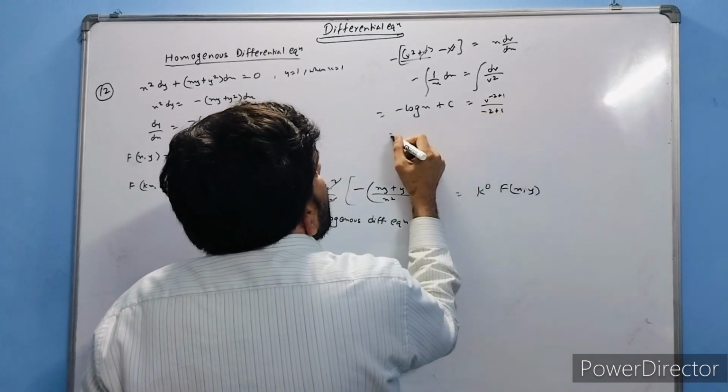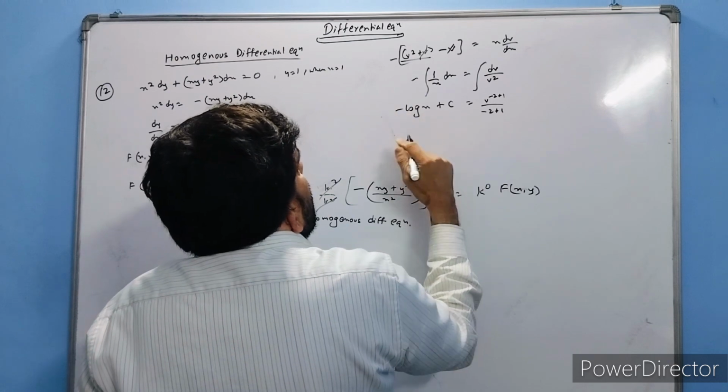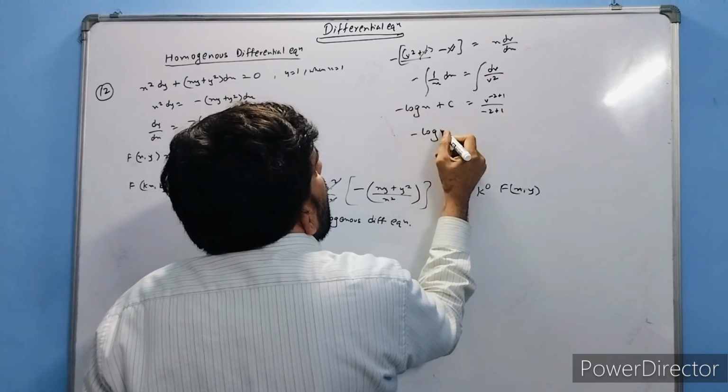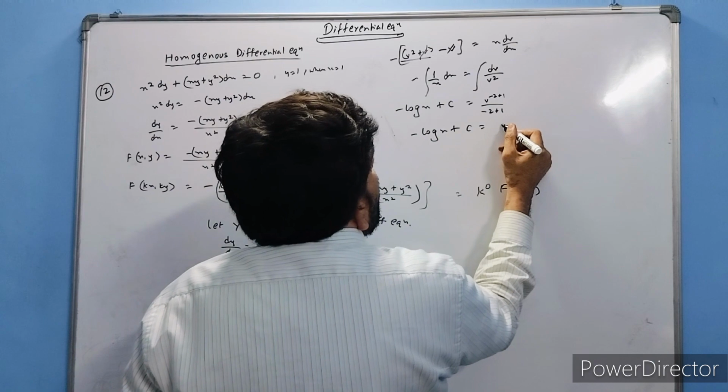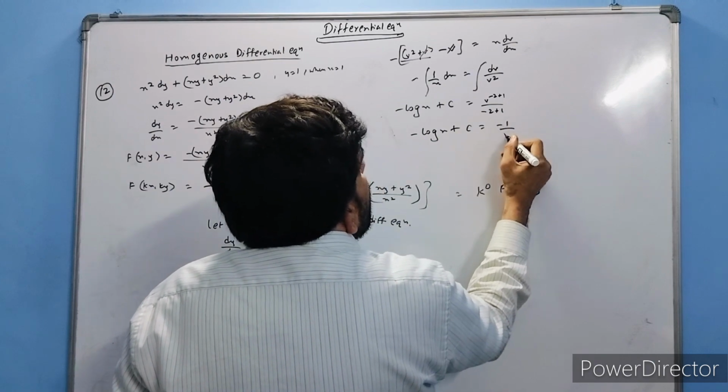So we have here, that is minus log x plus c is equal to minus 1 upon v.